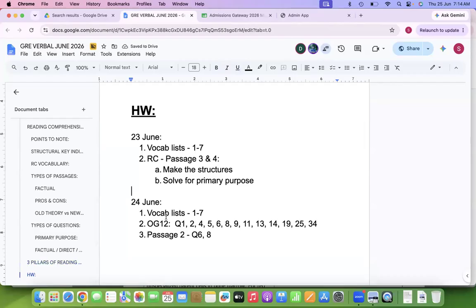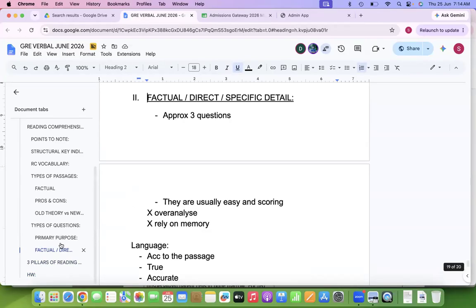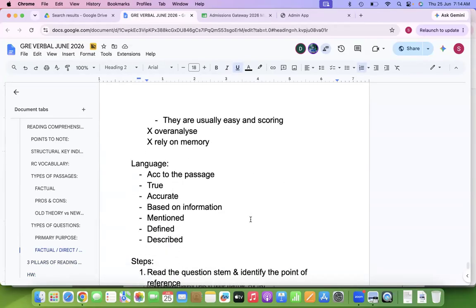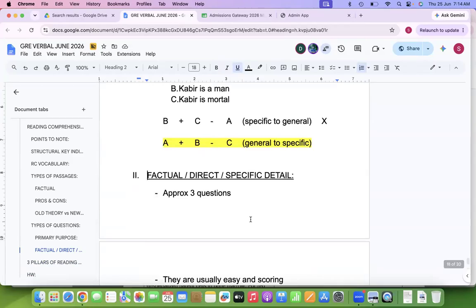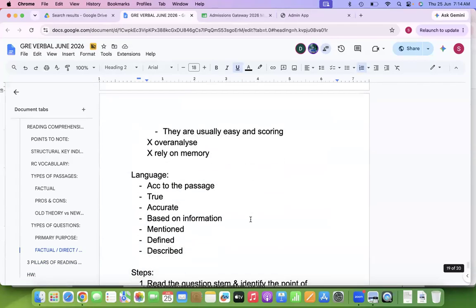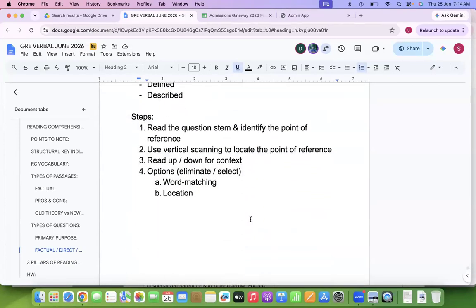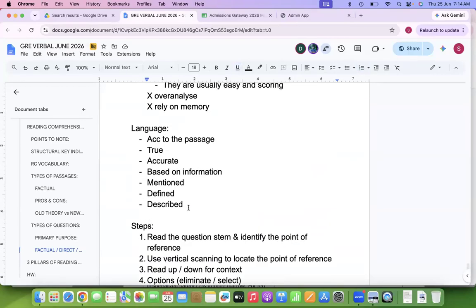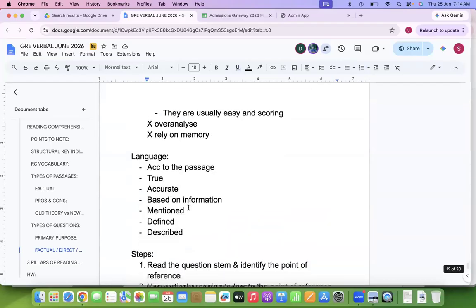What we're going to do is then we'll come back to the homework. We'll circle back after I finish the new type of question that I want to do. We've talked about primary purpose, we've talked about factual questions. We have to talk about two, three very important types of questions next. You should know what are the different types of questions that we are going to deal with.